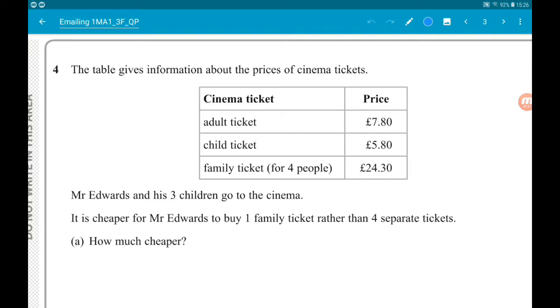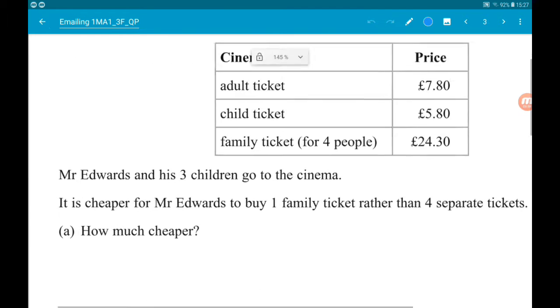It is cheaper for Mr. Edwards to buy a family ticket rather than 4 separate tickets. How much cheaper? Okay, so we need to work out how much it would cost to buy 1 adult and 3 child tickets, and then subtract the cost of a family ticket from that.